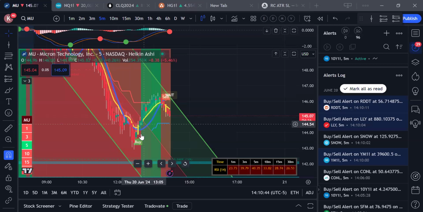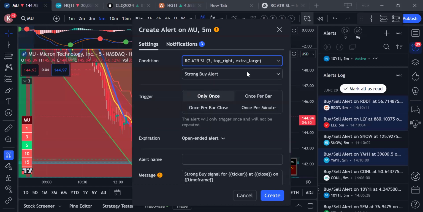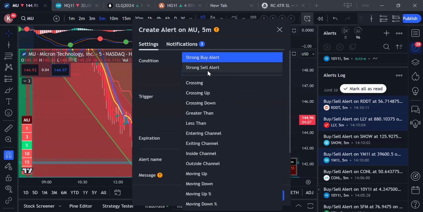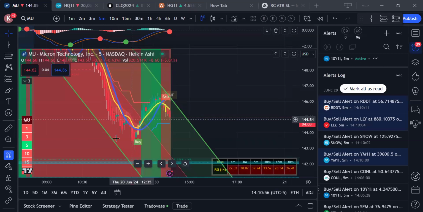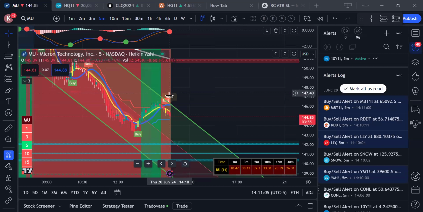Instead of these buy and sell, you can put sell alerts on. You can go to RCATR. That is like strong buy, strong sell, because it is not only looking at the price change, it is also looking at RSI, Ultimate D, EMA 200, so many other factors. So if this gives a sell, that means it is a very strong sell opportunity.